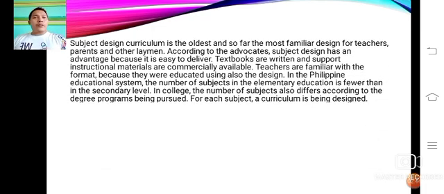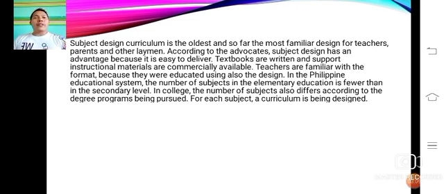The subject-centered design curriculum is the oldest so far and the most familiar design for teachers, parents, and other laymen. According to the advocates, subject-centered design has an advantage because it is easy to deliver. Textbooks are written and supporting instructional materials are commercially available.